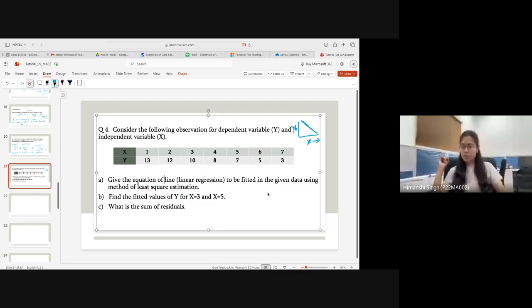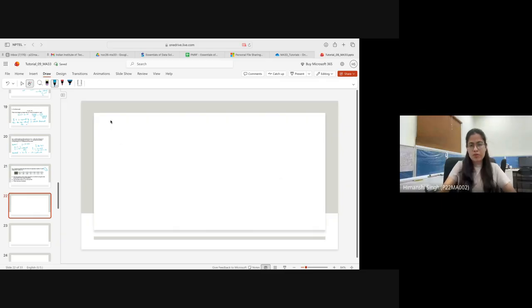I want to give the equation of the line. For that, I have to estimate the parameters, the coefficients, based on the data, using the least squares method, where the estimates are functions of the values from the data. So let us do this first of all.